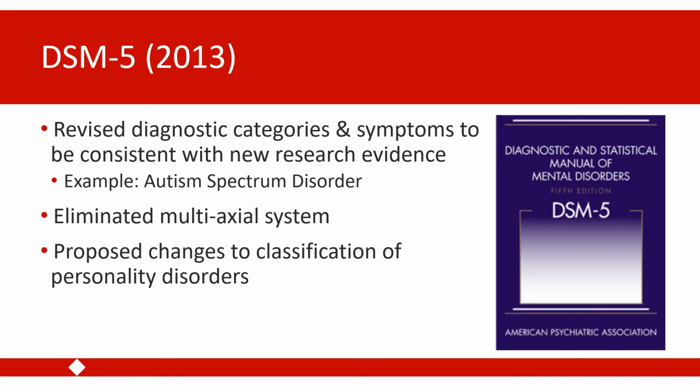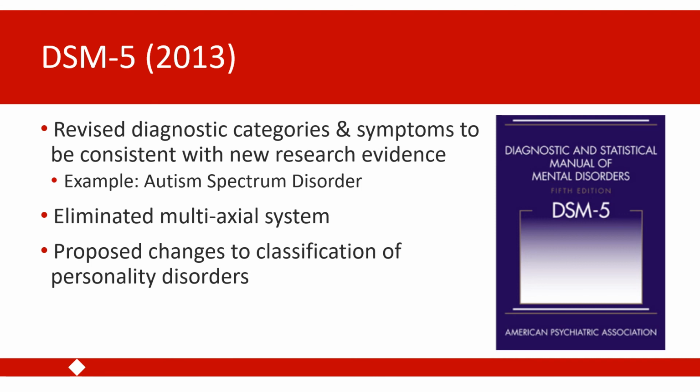The DSM-V also proposed changes to the classification of personality disorders. So like all of the previous editions of the DSM, the DSM-V is a categorical system. So you either meet criteria or you don't, and we have diagnoses in these different categories.